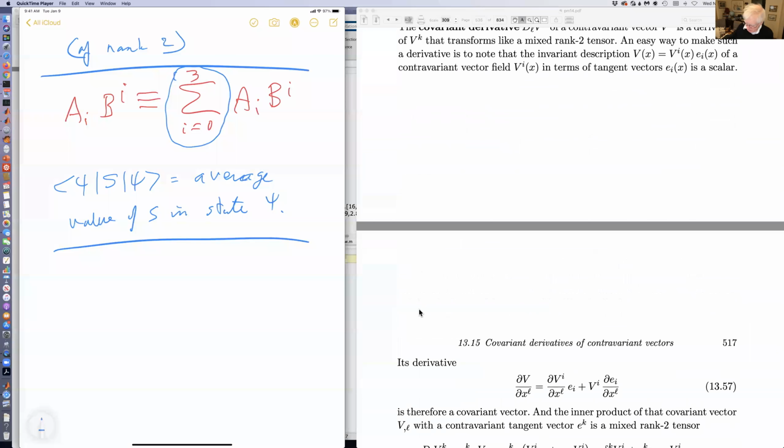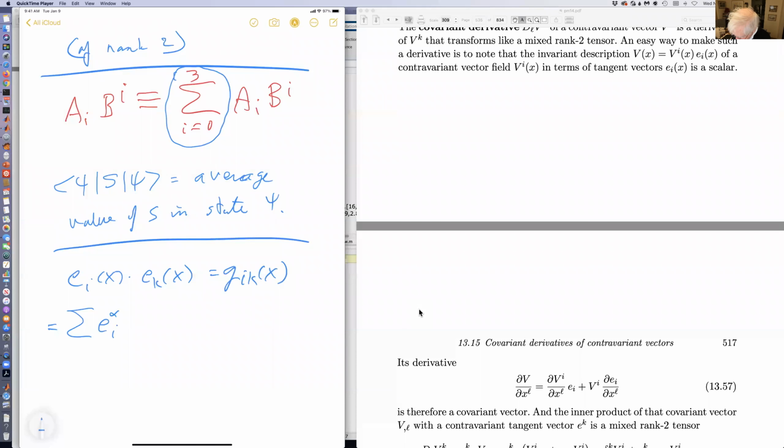So when we say E_i(x) dot E_k(x) is g_ik(x), this being the spacetime metric, what we mean here is the sum over these coordinates, E_i^alpha E_k^alpha, from 1 to D, depending on how big the space is that we're embedding it in.